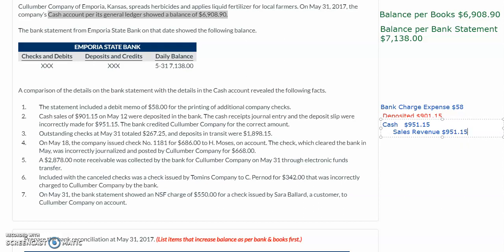But you can see that this is the incorrect amount by $50. So in order to correct this, we need to arrive at the correct cash balance. So that means we need to record an adjusting journal entry in order to reduce our cash by $50.